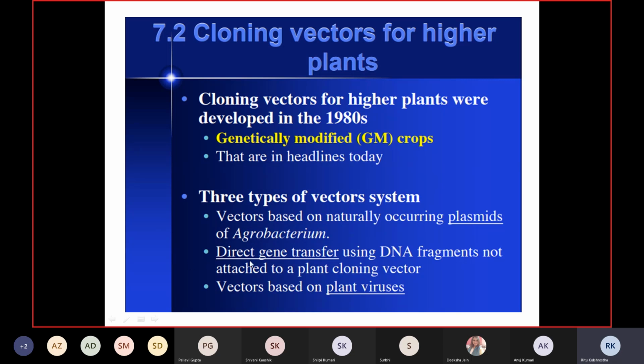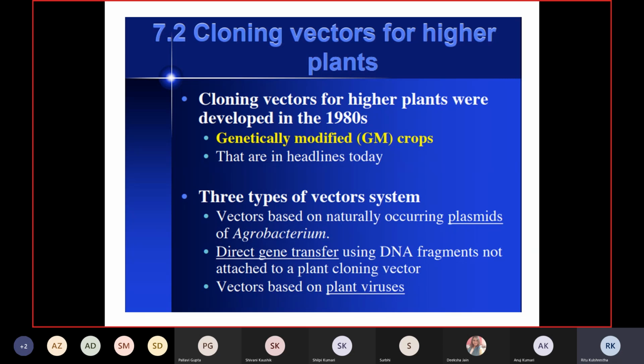I'll come to this agrobacterium based plant transformation. Then there is also a possibility of directly transferring a gene using DNA fragments into the plants. And finally, like in bacteria, where the transfer could be either through viruses or through plasmids, similarly in plants we do have certain plant viruses.